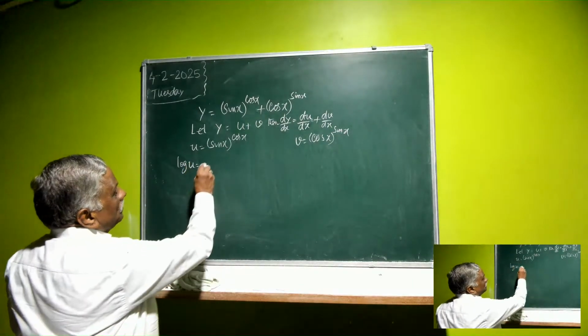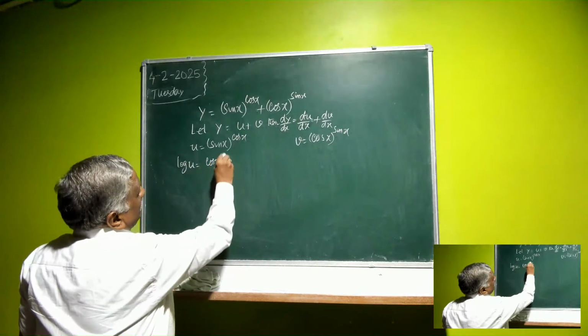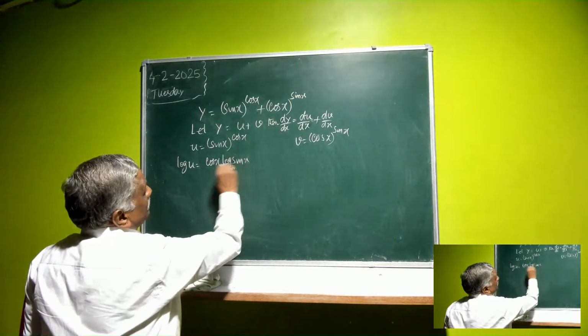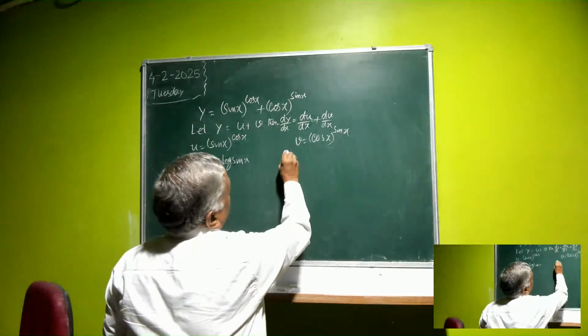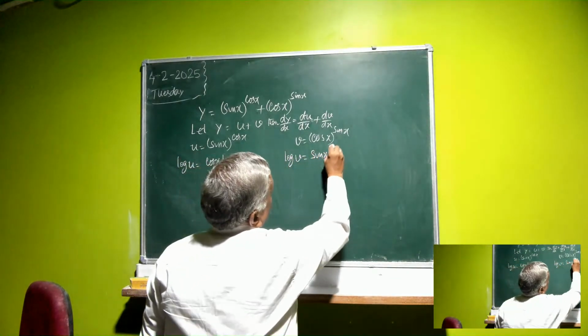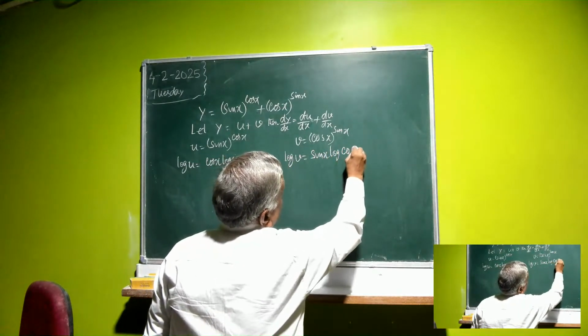Log u is equal to cos x log sin x. We are taking log on both sides. Here, log v is equal to sin x log cos x.